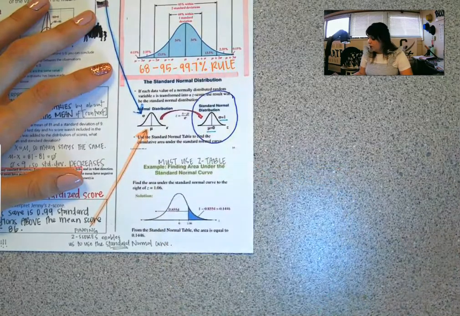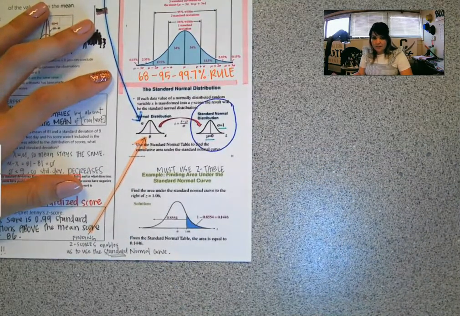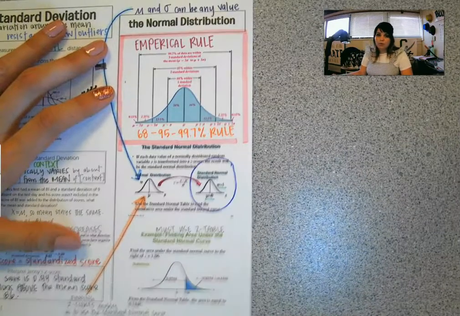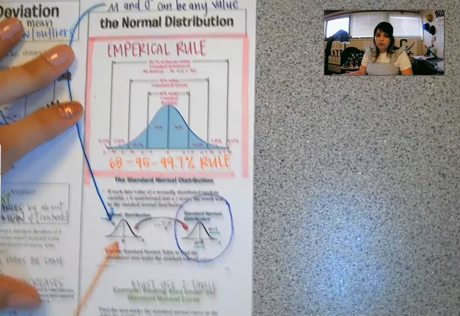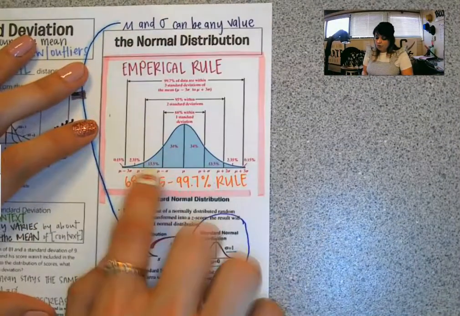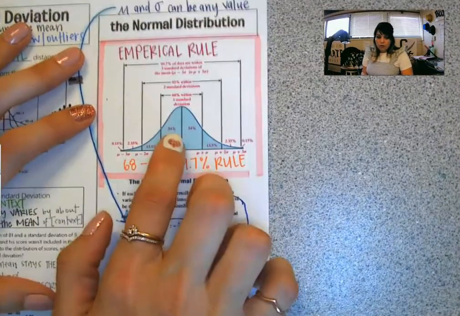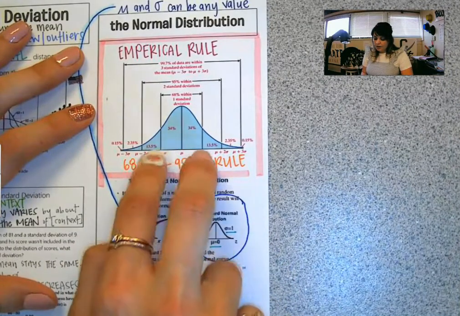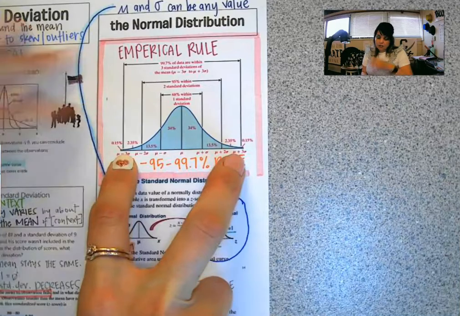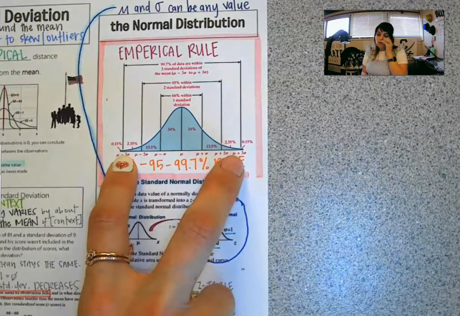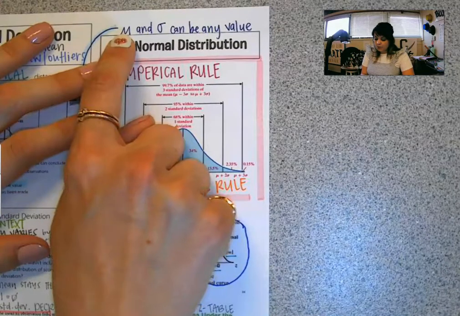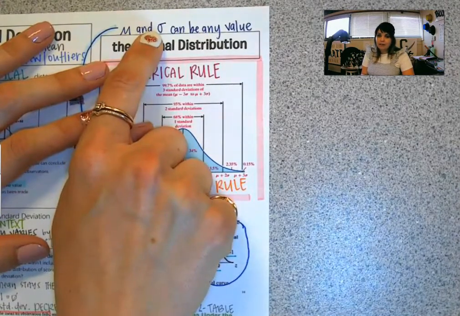So, on the very top of this last section, we have the normal distribution. So this is the empirical rule. Your mu would be in the middle, and then you have 1, 2, 3 standard deviations coming out of that. The most important thing to know about a normal curve is that mu and sigma can be any value.